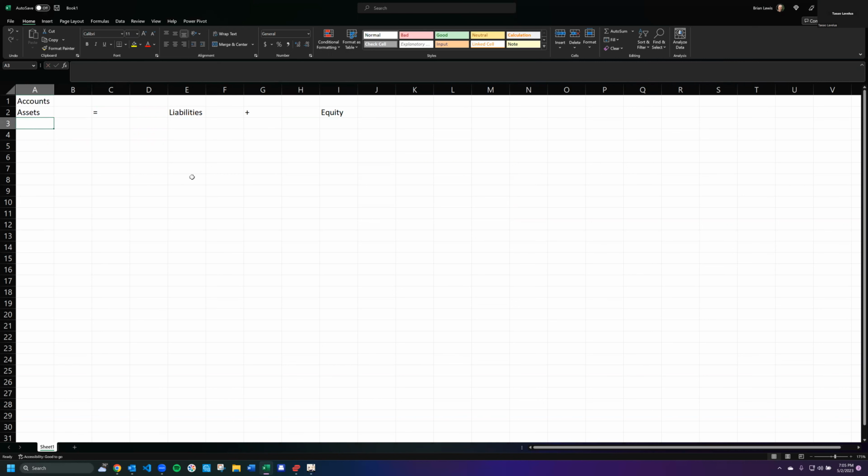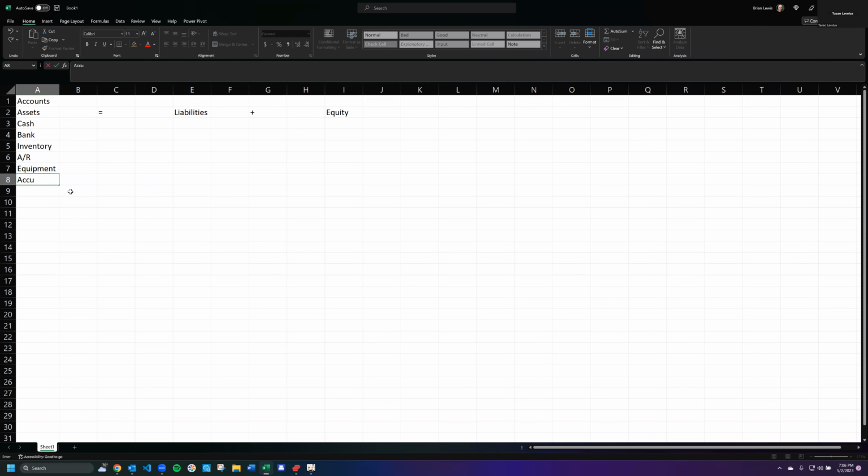Our accounts on the asset side are going to be cash accounts. We're going to have bank accounts, which are theoretically cash accounts as well, but I'll just put bank in there. We have inventory accounts, accounts receivable, and equipment. We have accumulated depreciation, which is an asset account.